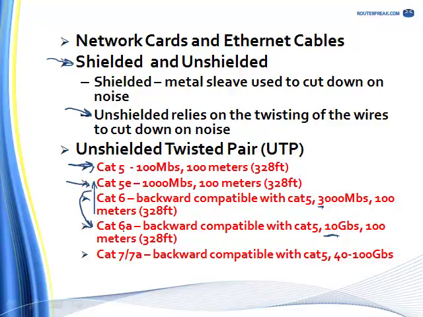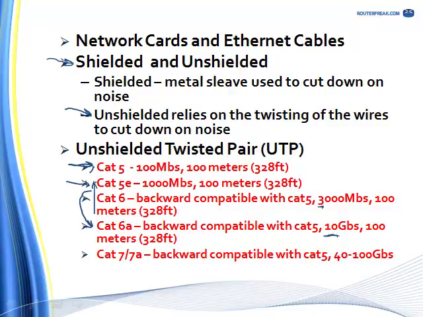And so Cat6A is backward compatible all the way back to Cat5. Now it supports 10 gig at 100 meters. What's different about Cat6A versus, say, Cat5e or Cat5 is the quality of copper and the number of twists that occur down the cable.